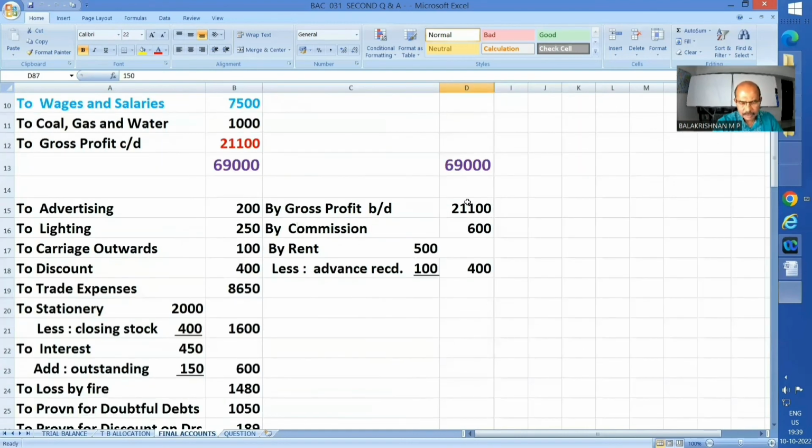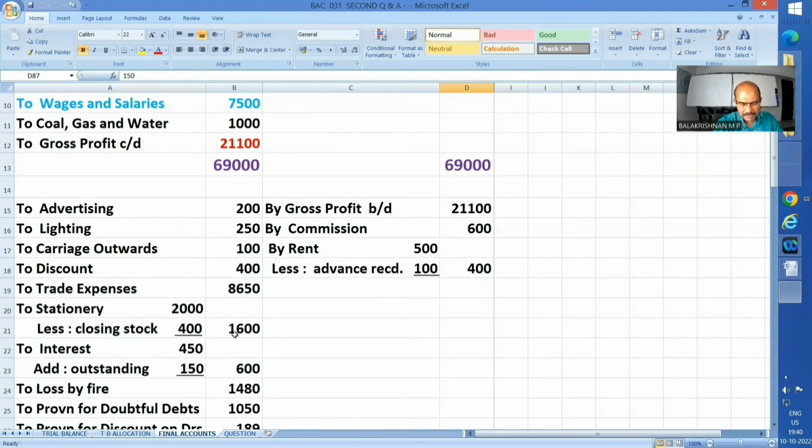Fine. Now, commission as it is, rent 500, less advance rent, so 400, I already explained. Advertising okay, lighting okay, carriage outward okay, discount okay, trade expense okay. Wherever adjustment is there only, I am supposed to explain to you. Otherwise, it is reproduced as it is here. Stationery, subject to adjustment of closing stock of stationery, because this is the real consumption of stationery.